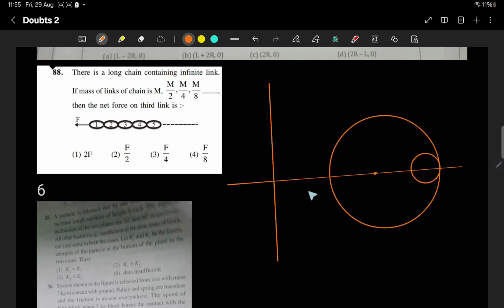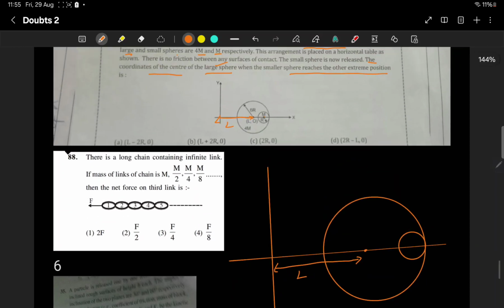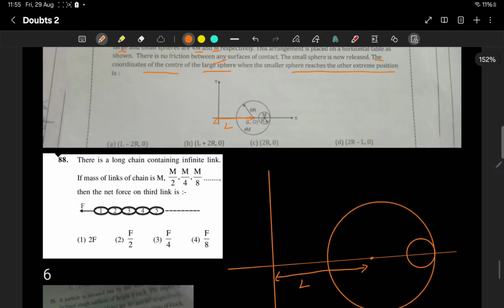The center is at a distance of L from the axis. Here we have small r, so this distance is 6r minus r, which is 5r.